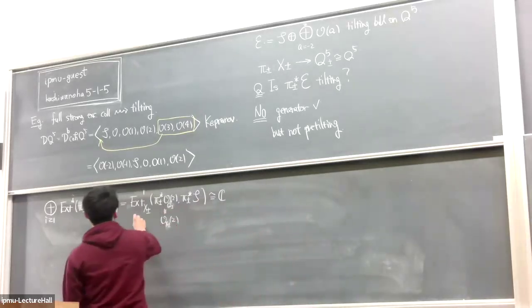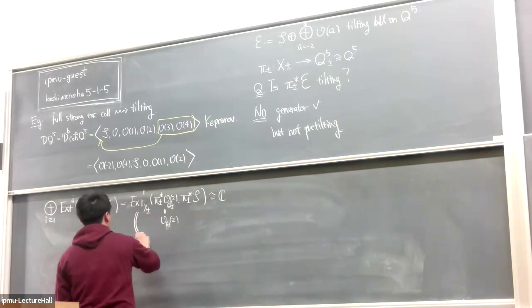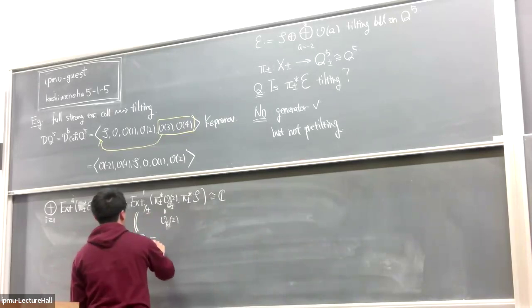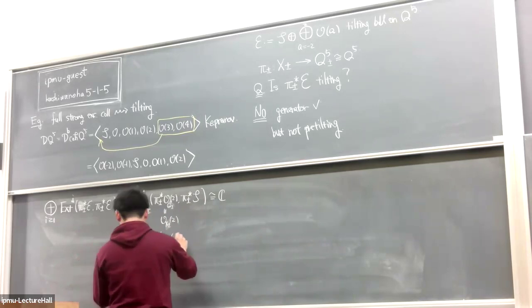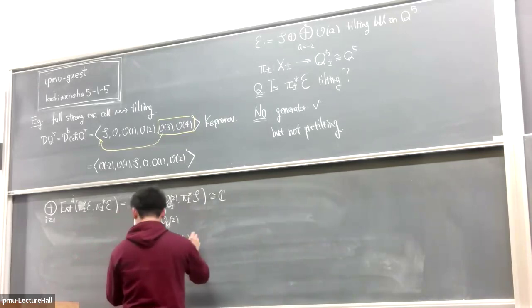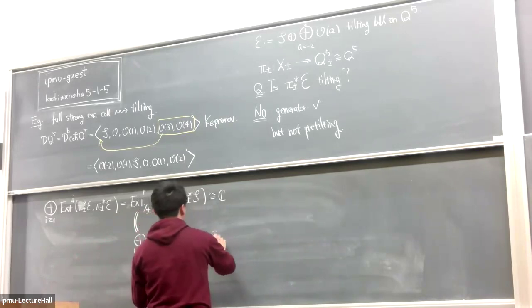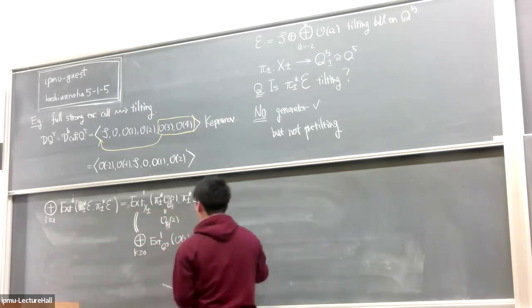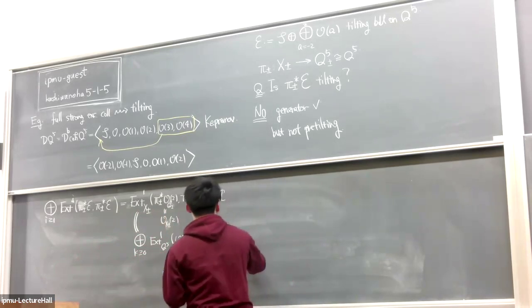As you know, this Ext is the sum of the cohomology of O(2) tensored with the symmetric power of the dual of the Weyman bundle divided by 2.